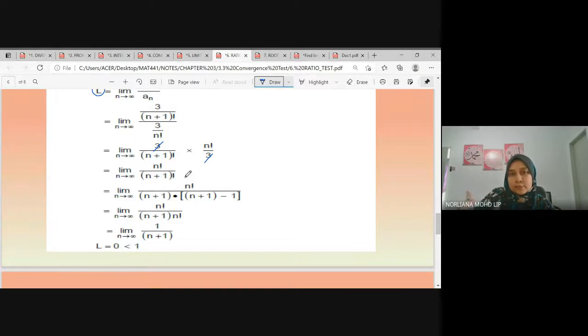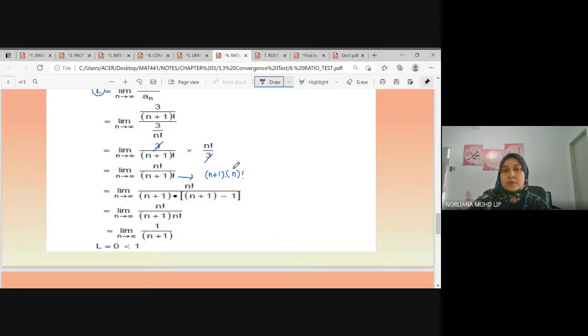So untuk ni n plus 1 factorial ni dia sama dengan ni lah. Dia kena minus 1. N plus 1 times n plus 1 minus 1. So n lah. N factorial. Dapat yang ni kan? So dapat ni n plus 1 minus 1.